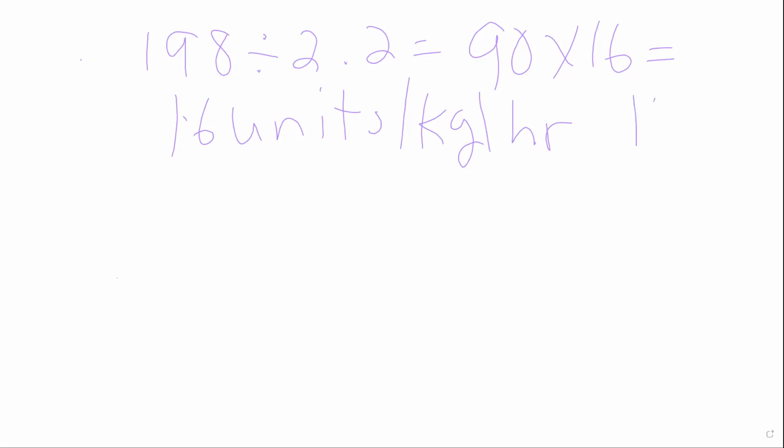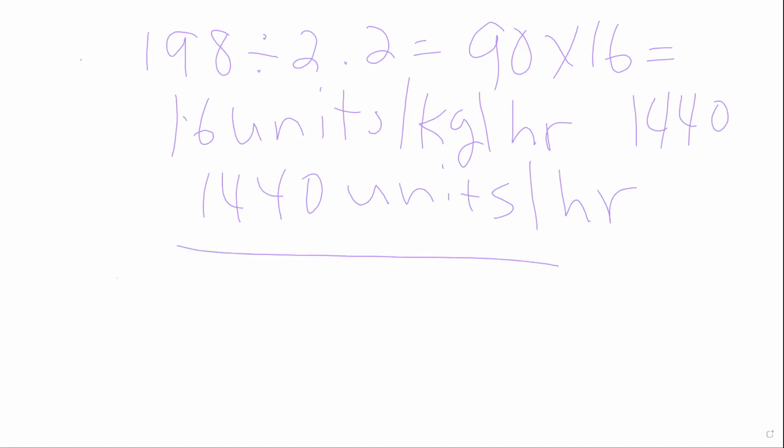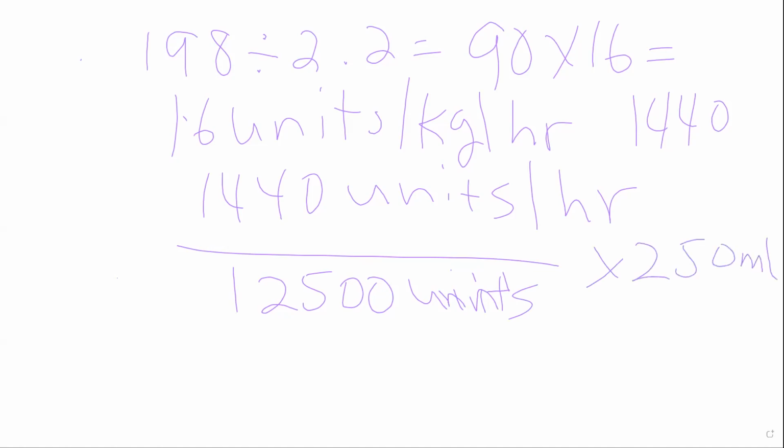That gave me 1440, and that's 1440 units per hour. Again, on hand, I have 12,500, and then my vehicle is 250, right? So units is going to cross out.